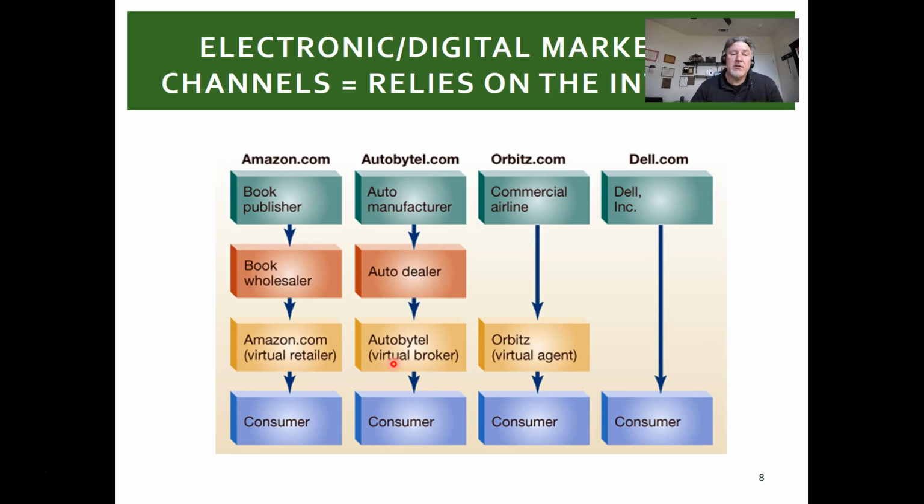A lot of consumers do buy their cars via the internet. My example is I bought my last car a few years ago via Autobytel, searching out various models, and then ultimately that deal was brokered by Autobytel back to the auto dealer, and I got a pretty good deal on it.